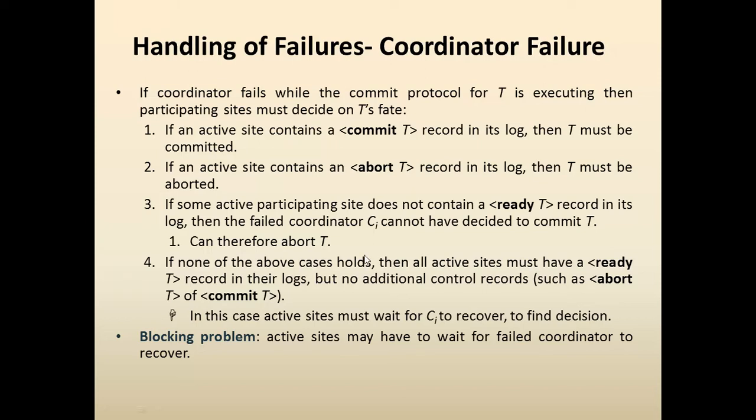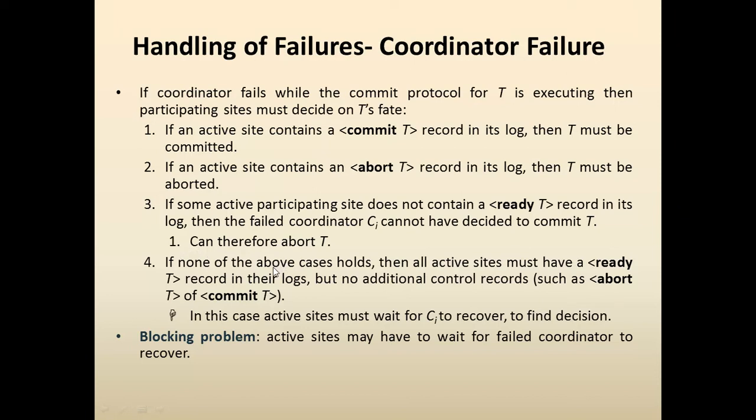If it contains an abort T record, then T must be aborted. If some active participating site does not contain a ready T record in its log, then the failed coordinator Ci cannot have decided to commit T, and we can therefore abort T.